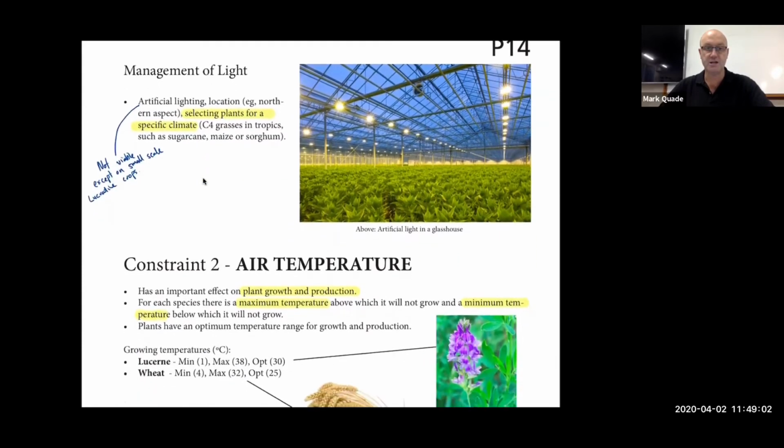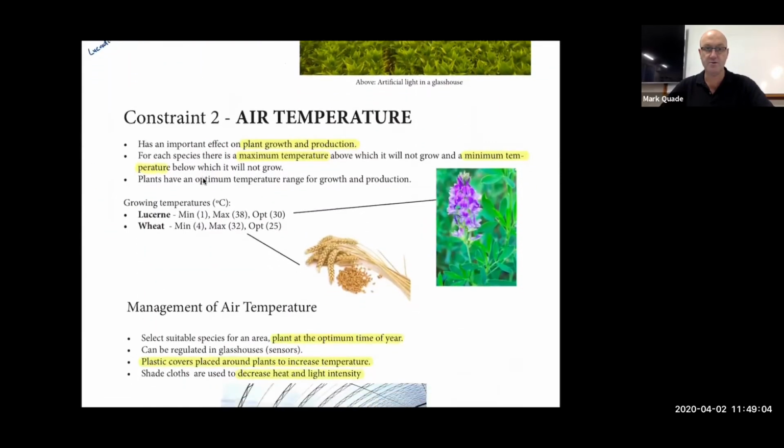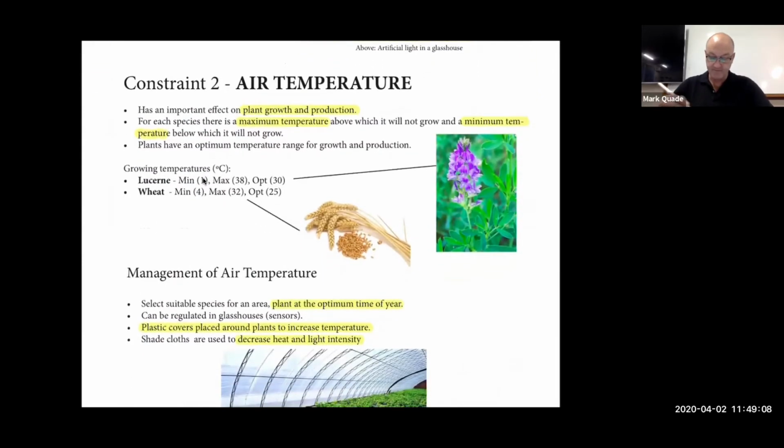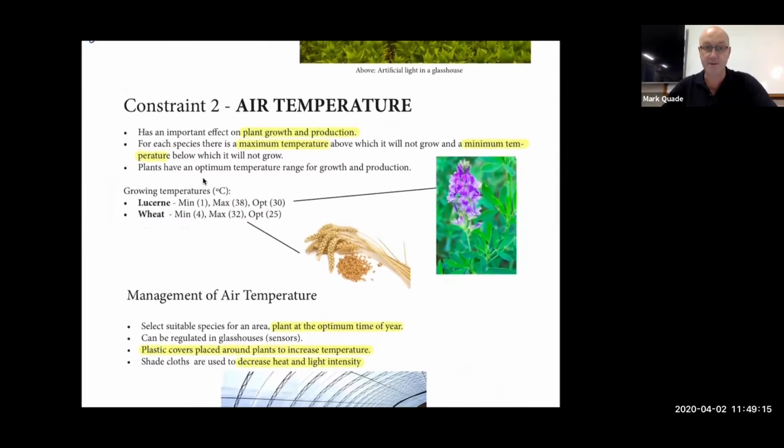Constraint 2: air temperature has an effect on plant growth and production. For every species, there's a maximum and a minimum, and then there's an optimum, okay? An optimum temperature just means the temperature it grows best at.